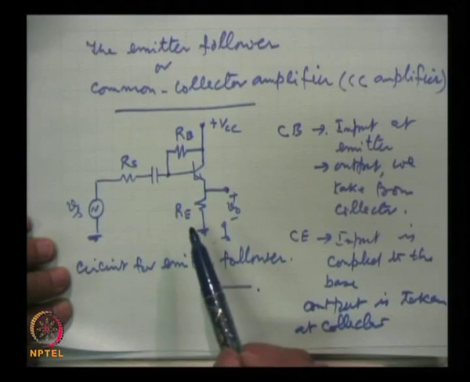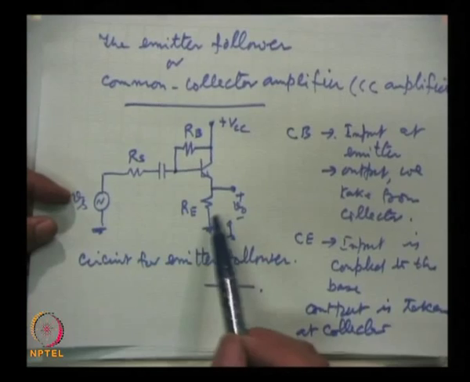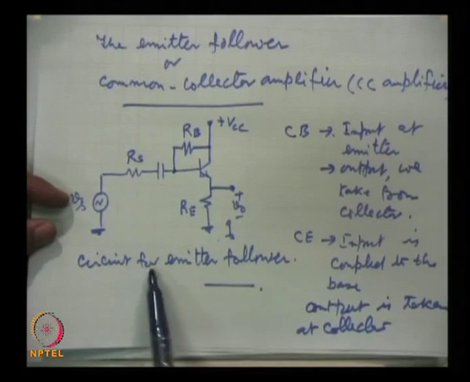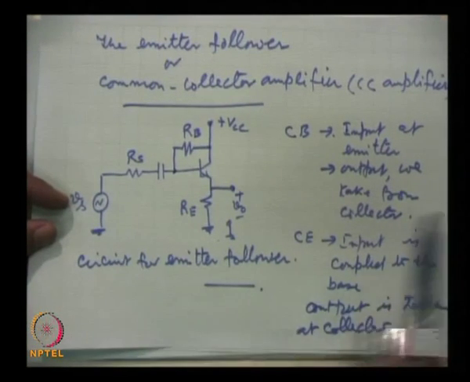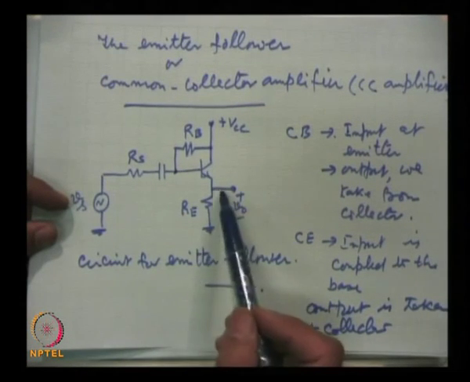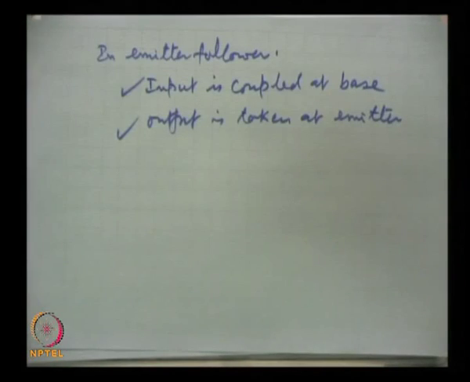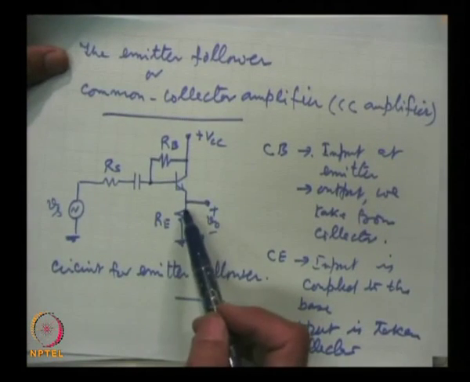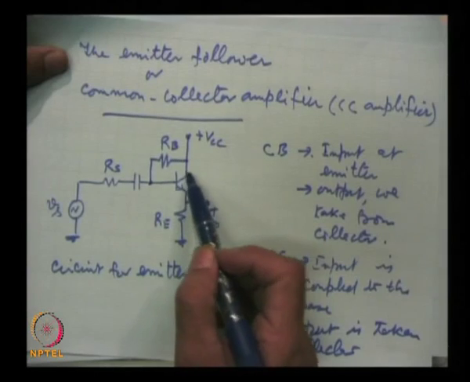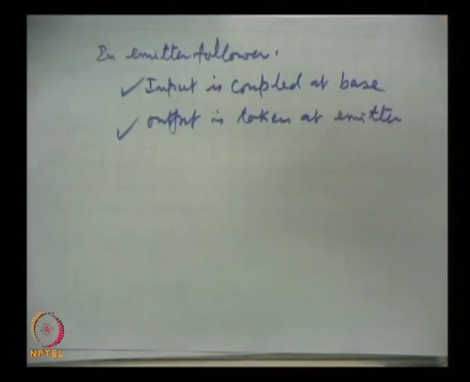So, you must remember that when you look at a complicated circuit where several stages of amplifier are there, wherever the output is taken at the emitter, it is the emitter follower. In this circuit, to perform the analysis, we will replace this transistor by its model. So, we do that.